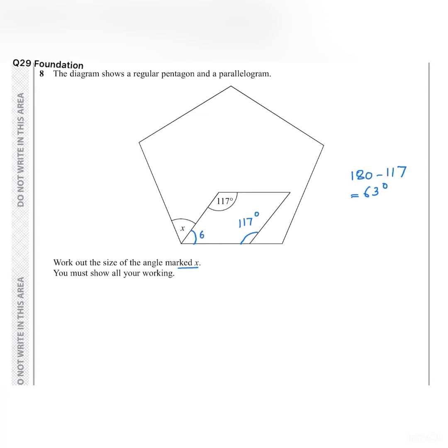So this angle over here is 63 degrees, and this would be 63 as well, because in a four-sided shape the sum of the angles is 360 degrees.